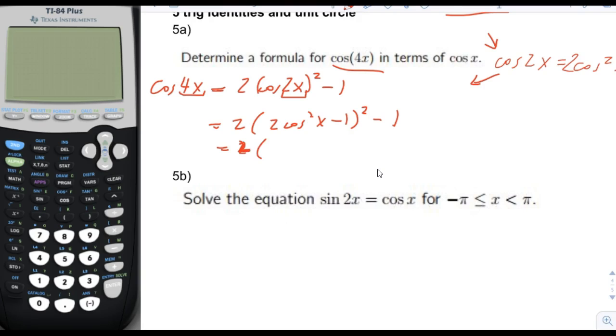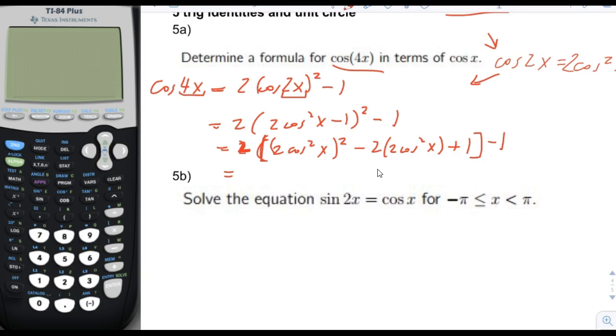So it's going to be 2 times (2 cosine squared x) squared minus 2 times 2 cosine squared x plus 1, and this is all in parentheses multiplied by 2, right? And then I subtract 1.